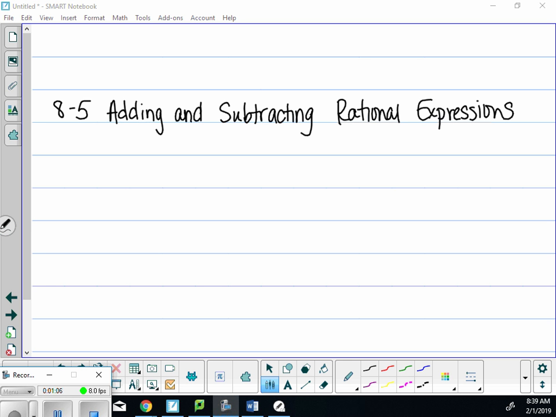Now, you don't have to find necessarily the least common denominator. We can find any common denominator that we want, but it's going to make it easier if we can do it the smallest way possible, okay?